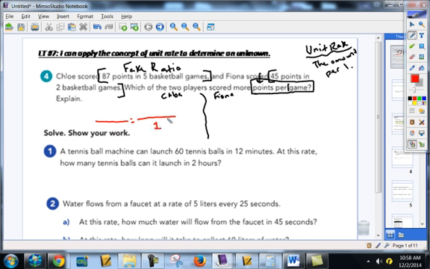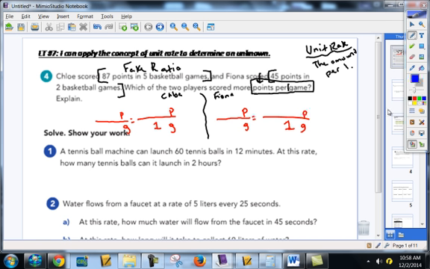That's what we always set up. Since we're trying to figure out the amount of points per 1 game, we put our labels there. Games on the bottom means points go in the top. We'll do the same thing over here: games, with our 1 there, and points in the top.